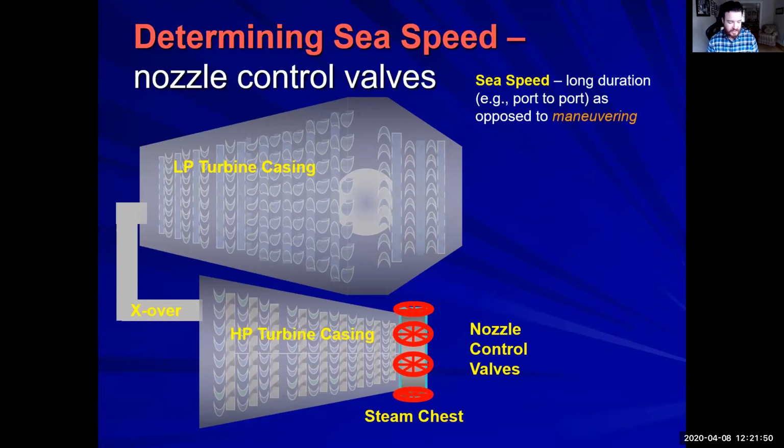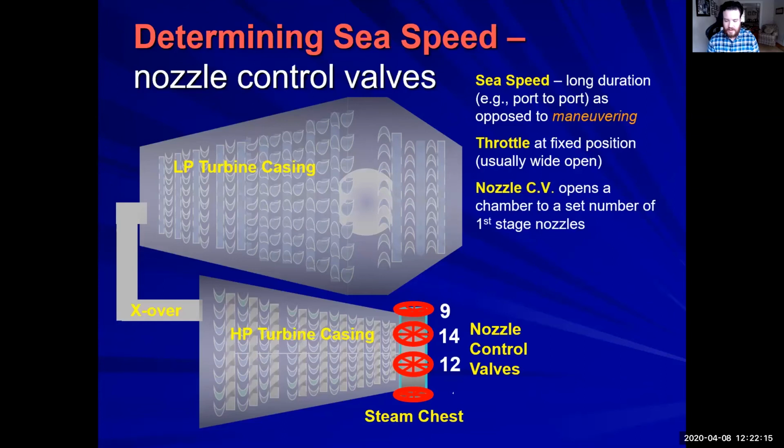The definition of C speed is long duration, port to port. It's not maneuvering. Throttle is at a fixed position, usually wide open. These nozzles are not semi-open or semi-closed. They're all the way open or all the way closed. That's how we utilize them.